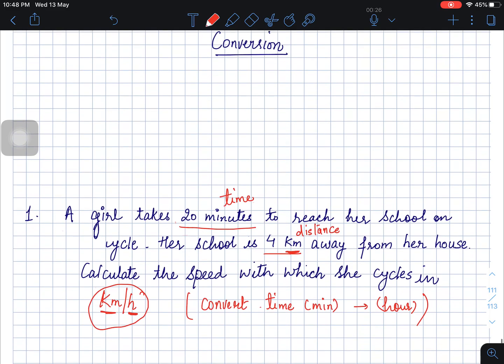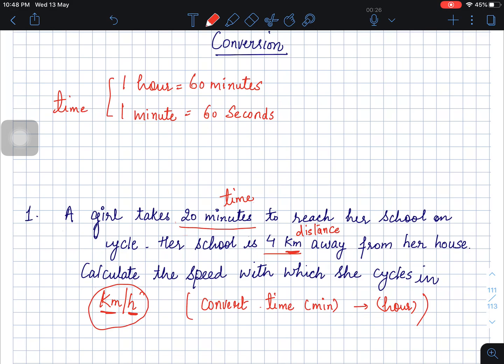Now how do we do that? Let us see some rules for the conversion. These are very basic rules. You know that 1 hour has 60 minutes and 1 minute has 60 seconds. This is for time.